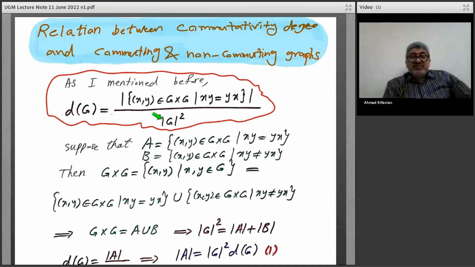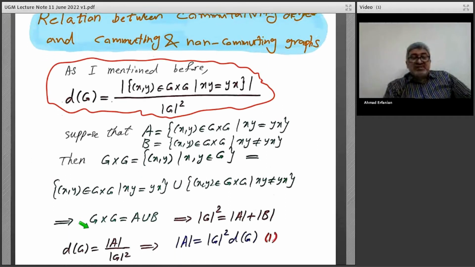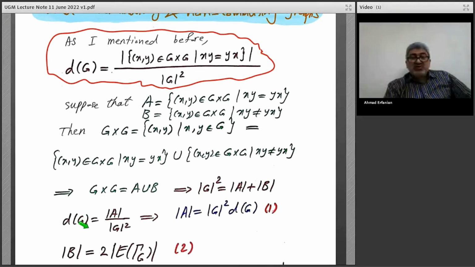So if you consider the Cartesian product of G by G, the set of all pairs in G can be split into two disjoint sets: the set of pairs (x, y) such that xy is equal to yx, and the set of all pairs (x, y) such that xy is not equal to yx.